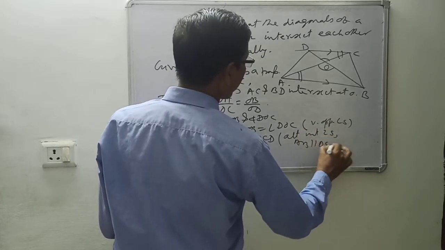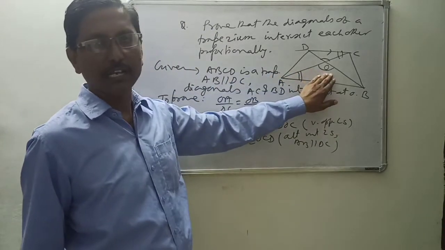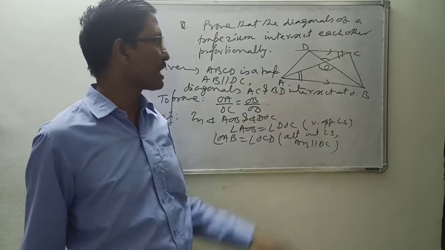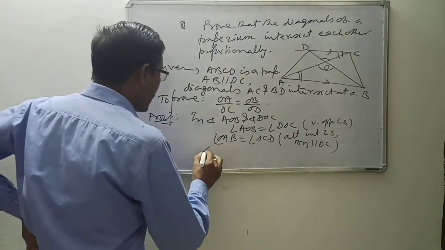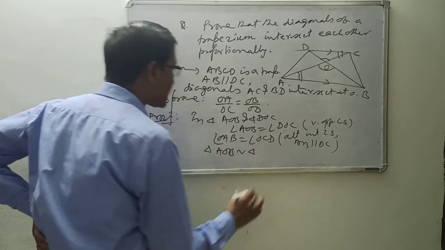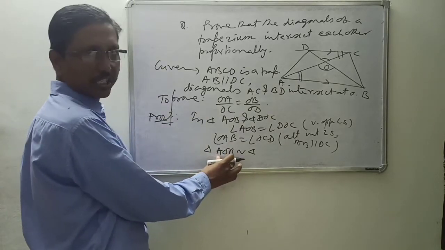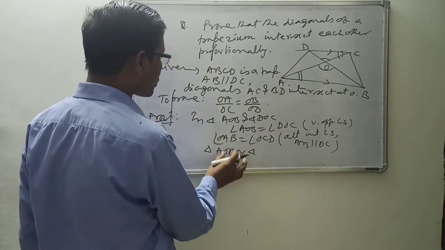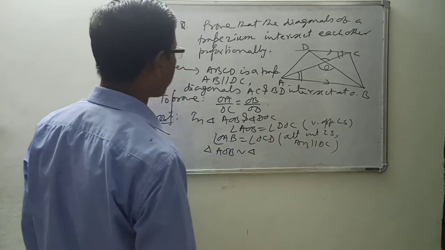So this triangle's two angles are equal to that triangle's two angles. That means you can say triangle AOB is similar to, and the naming is very important, the first triangle you can take according to your choice, and with respect to that, you get the second triangle.